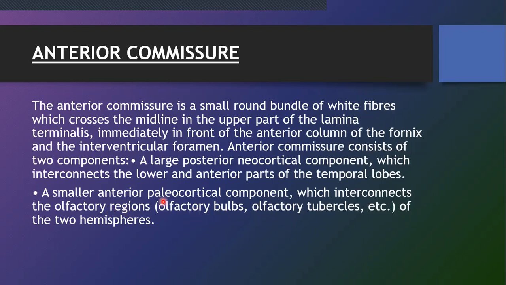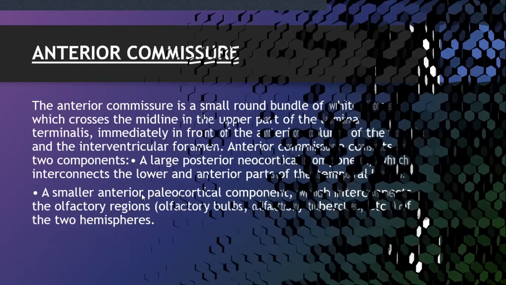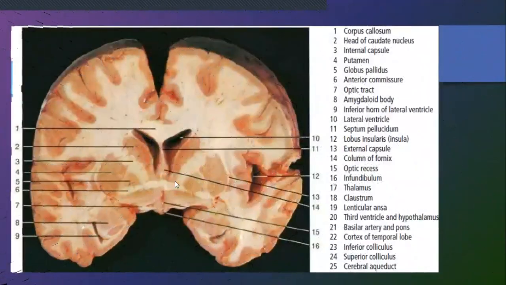So those olfactory regions refer to the olfactory bulb, olfactory tubercle, olfactory trigone, etc. of the 2 hemispheres. Okay, maybe go back, you see the anterior commissure. Here it is. Here it is, the anterior commissure. Okay.